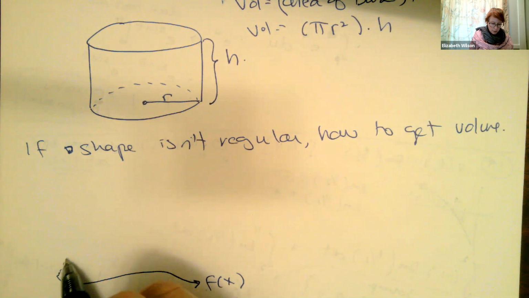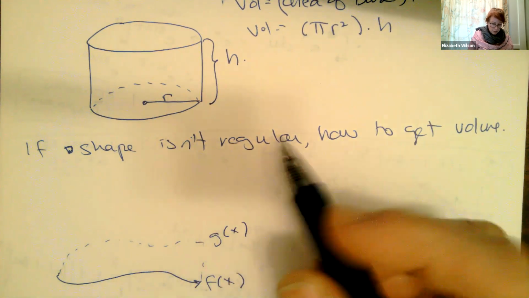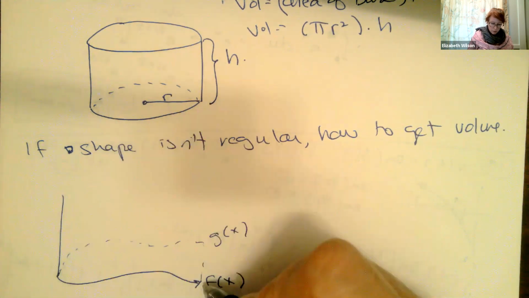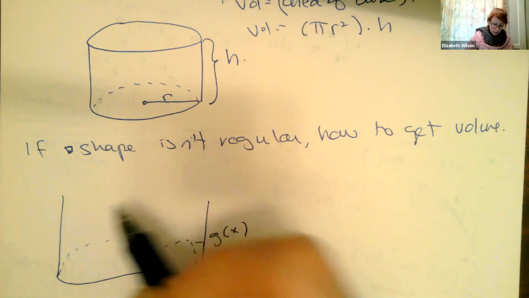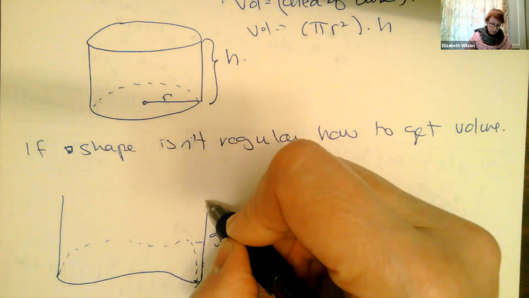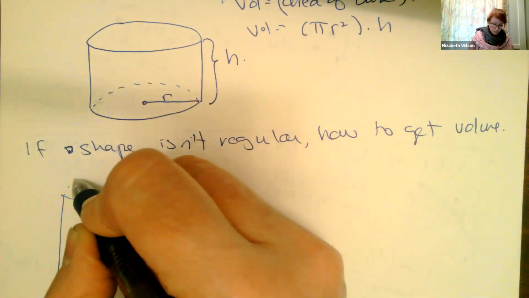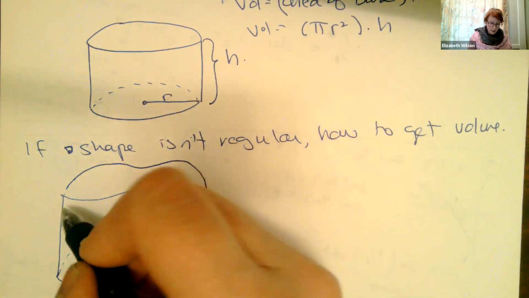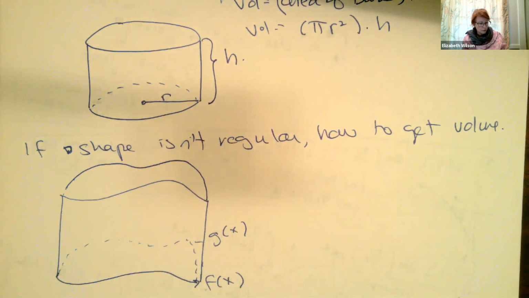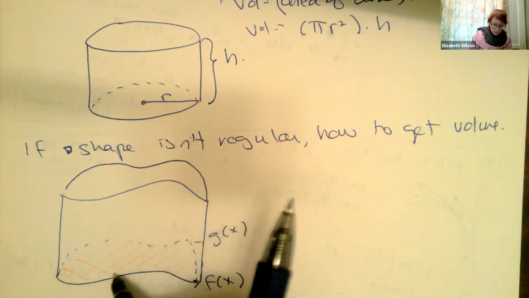I'll just draw it out like this. This is my g of x, and here's my f of x. This forms the height of our shape. Let's see if we can think about how this looks like a base here.